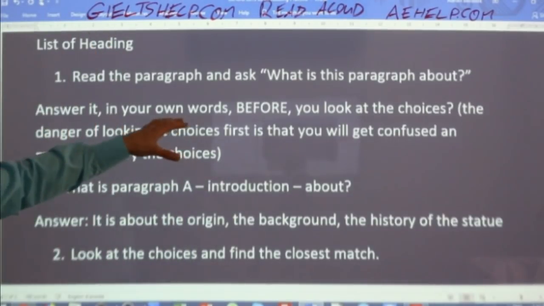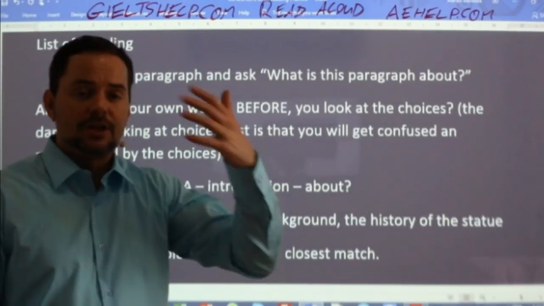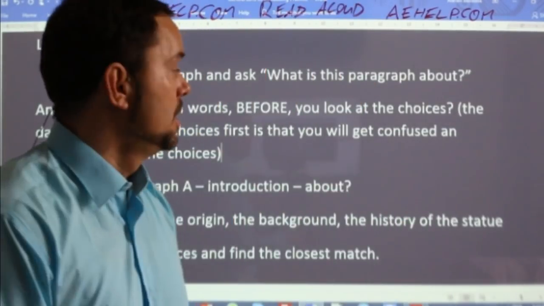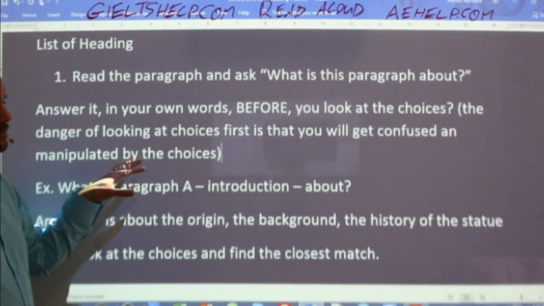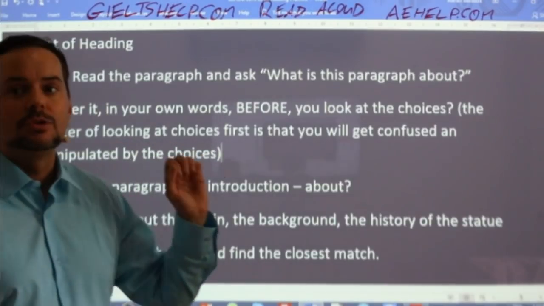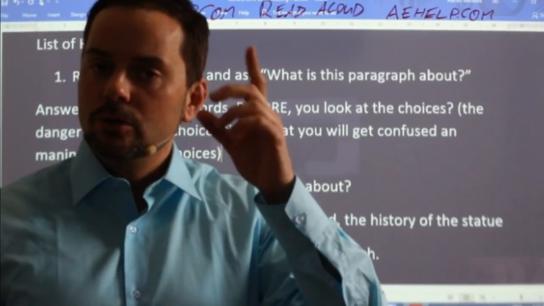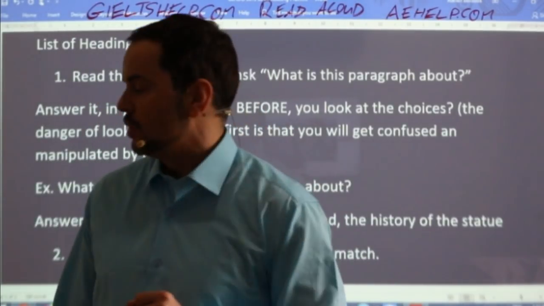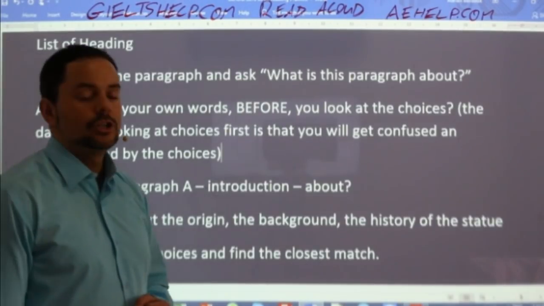If you're looking at the choices very quickly, so you don't think about the answer, you just go, okay, I'm just going to look for the right selection. What happens is the actual choices will manipulate you. So you get manipulated by what you see. And when you're manipulated by what you see, you lose your own thoughts, and it's easy to accidentally pick the wrong choice. So always think about the answer first and then choose.